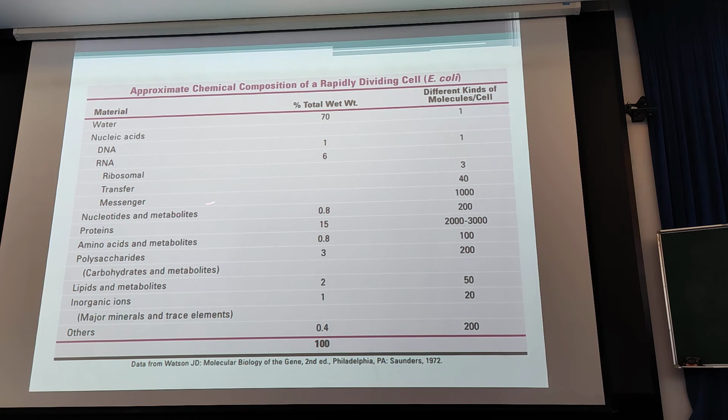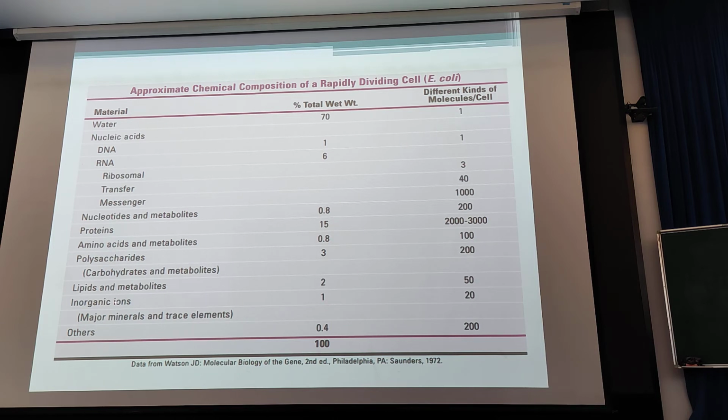And in our cells, here we have 3 types of ribosomal RNAs, 40 types of tRNAs (transfer RNAs), and 1,000 messenger RNAs.